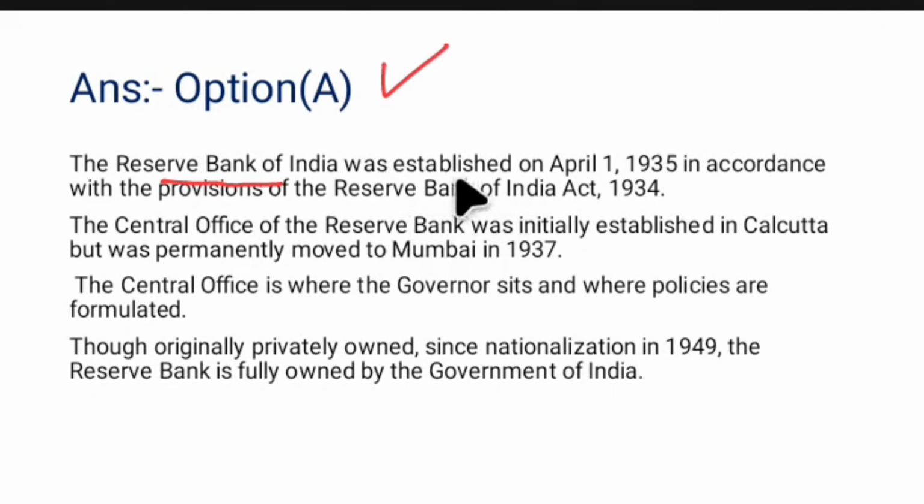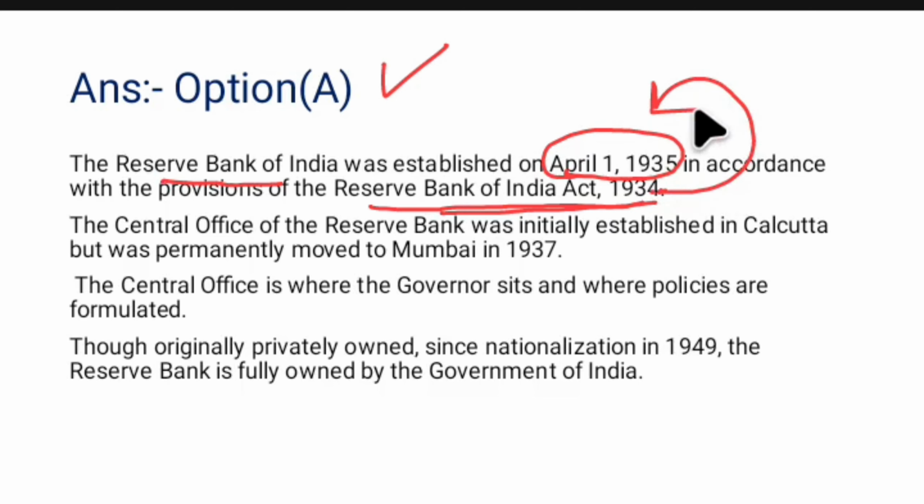RBI was established on April 1st, 1935 under the provisions of the RBI Act 1934. The act was introduced and passed in 1934, and the institution was established in 1935.